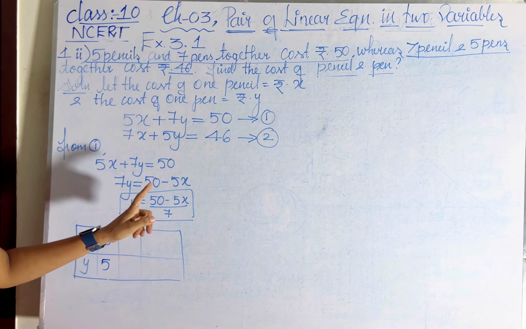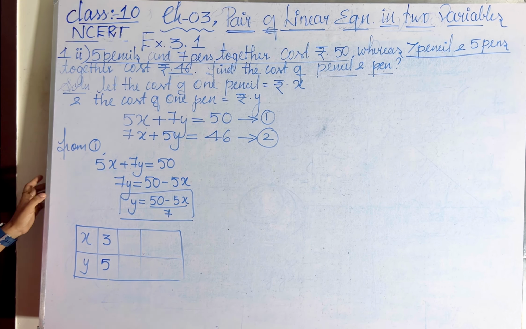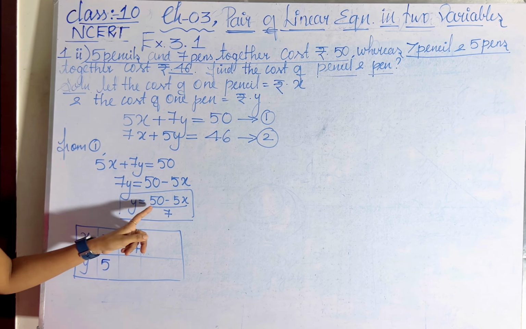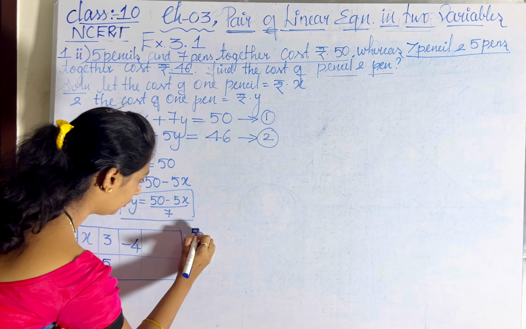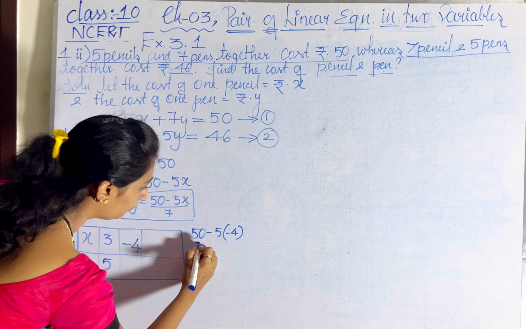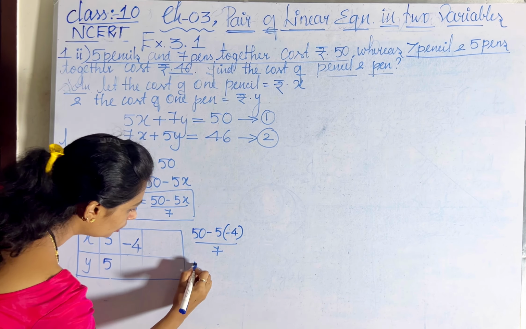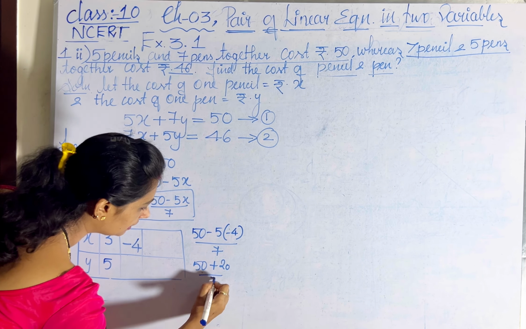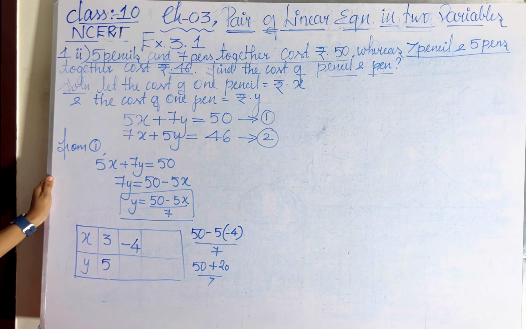Minus 1, minus 2, minus 3, minus 4. If I substitute x as minus 4, 50 minus of 5 into minus 4, divided by 7. So 50, minus into minus plus, 5 fours are 20, so 70 divided by 7.